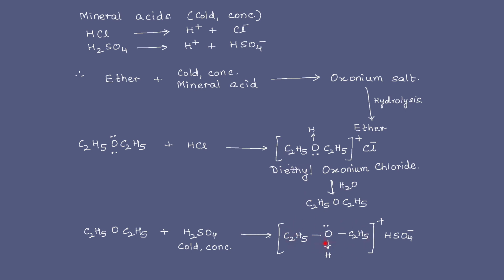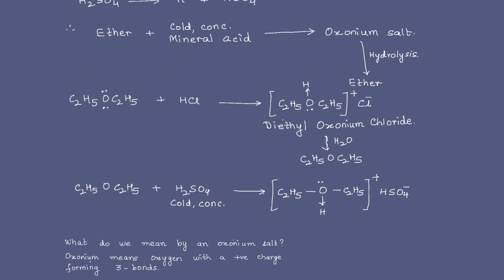Diethyl, yes, diethyl oxonium, yes, because my oxygen is carrying a positive charge. Here I have chloride. Do I have chloride here? What will it be? Bisulfate or hydrogen sulfate. Diethyl oxonium bisulfate or hydrogen sulfate.